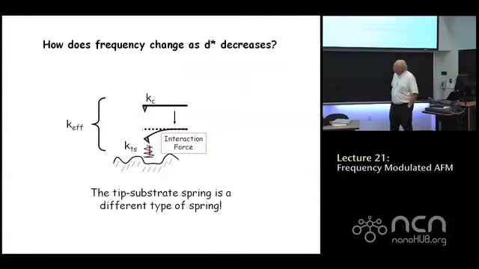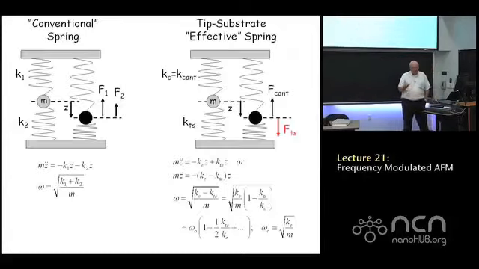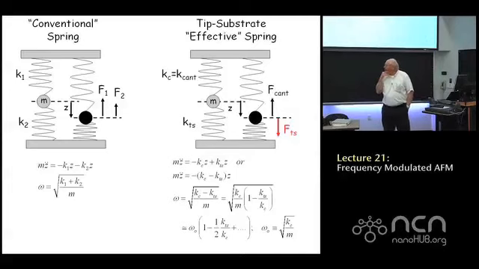I guess the point I'd like to make is that the interaction force between the tip and the substrate is really different. It's not like a conventional spring at all, and I try to illustrate that schematically in this next diagram, where I first look at the conventional spring case, just to remind you what should happen if you've got springs that you normally deal with in real life.